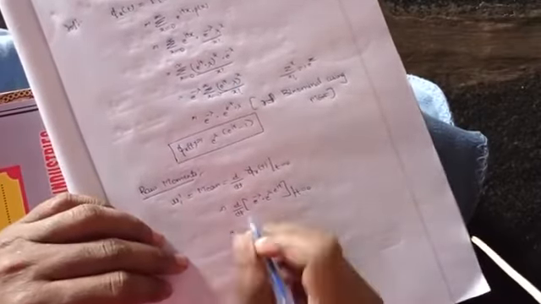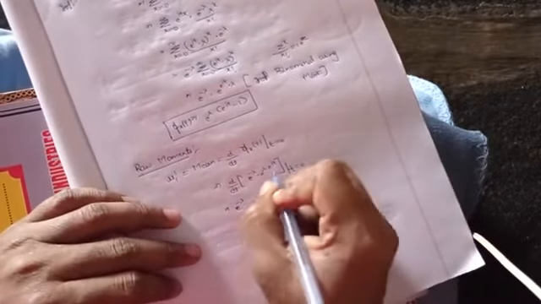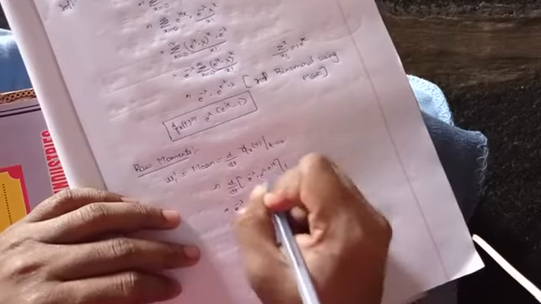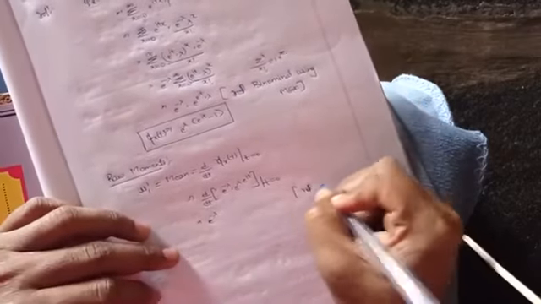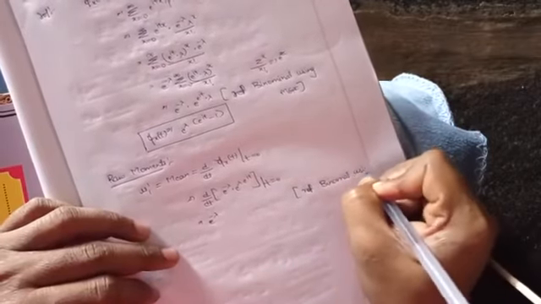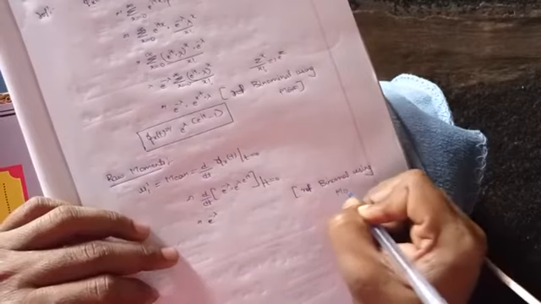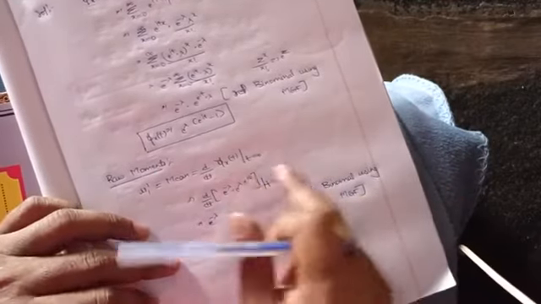What is the constant term here? The constant term is e power minus lambda, so take it out and try to solve the rest. For this also, I explained in the binomial using MGF video how to solve it in a small table.